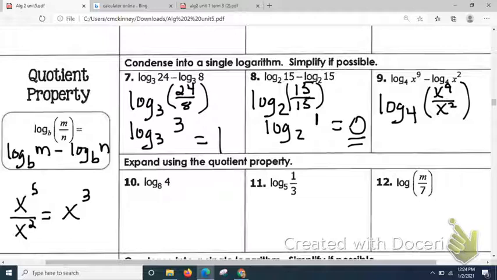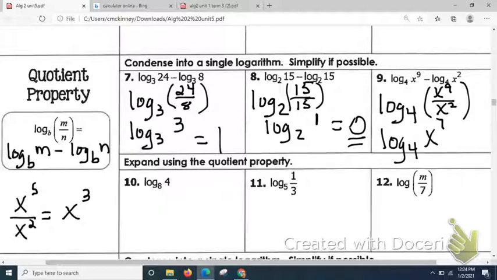If they were different variables I couldn't, but here I can. So this would be log base 4 of x to the 7th. That doesn't simplify further to get rid of the log because we still have an x. So condensing, our answers look much smaller than they started. Expanding, our answers get longer.